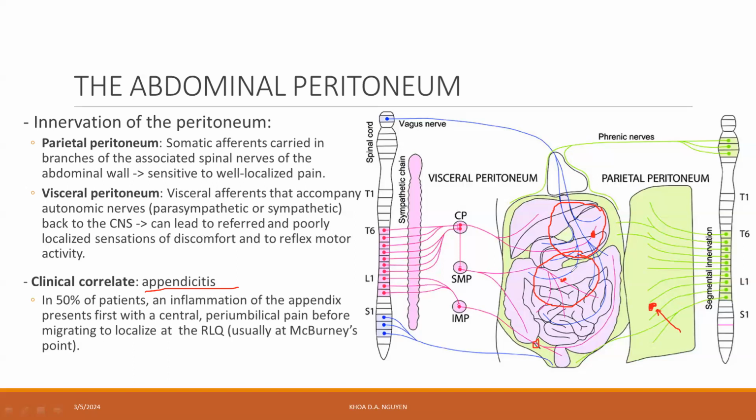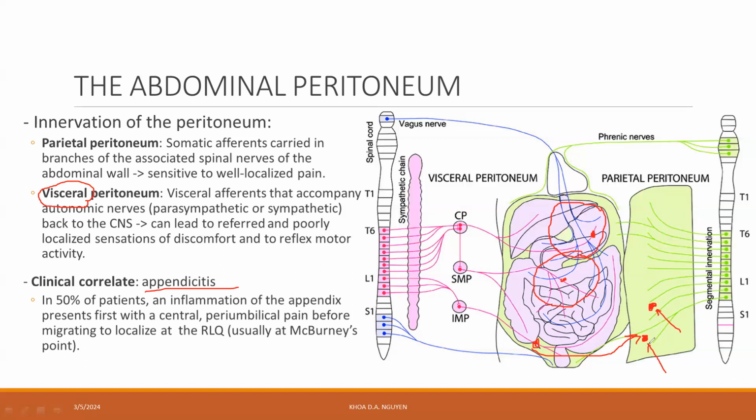And because when you're first in pain from here, that pain is poorly localized because it's still in the visceral peritoneum. And then what happens after a couple hours? The appendix becomes so inflamed that it comes into contact with the parietal peritoneum, usually at around McBurney's point, or the abdominal wall on the right inguinal region.